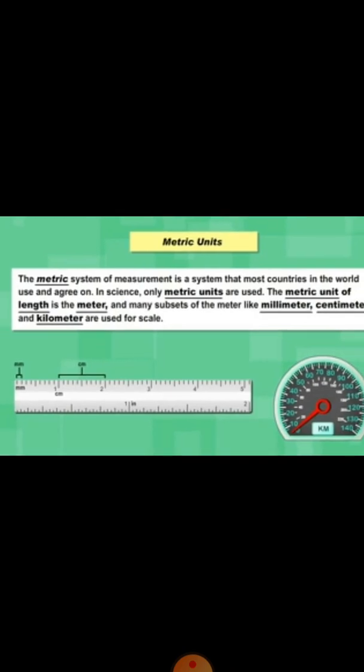Here in the picture you can see, in this ruler the small lines show millimeters and the longer lines show centimeters, and the meter is showing kilometer. Clear?